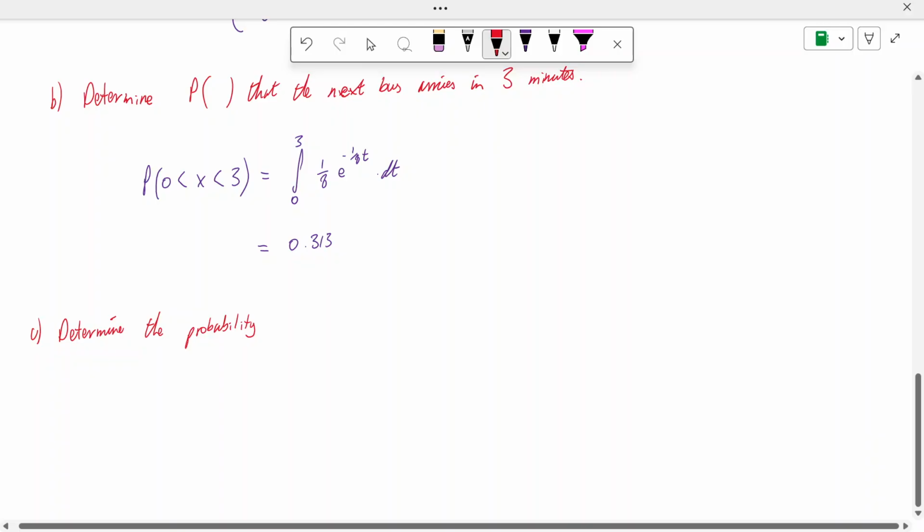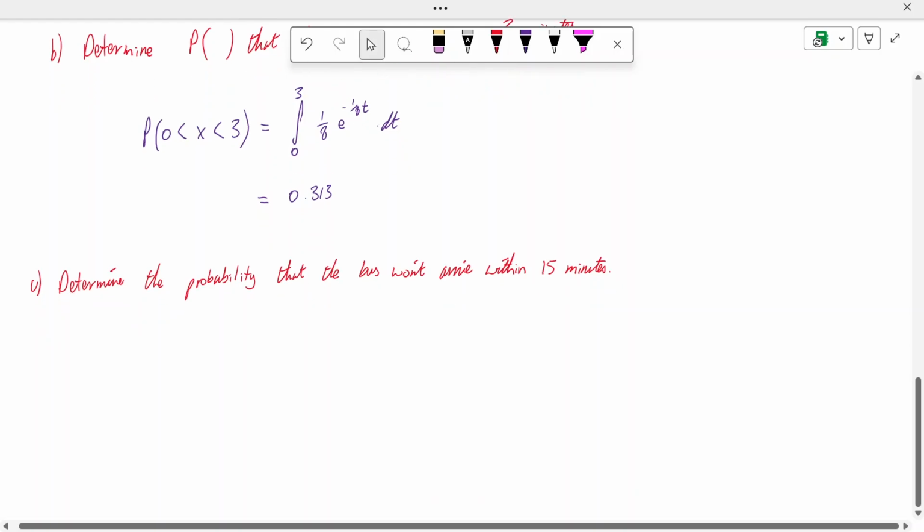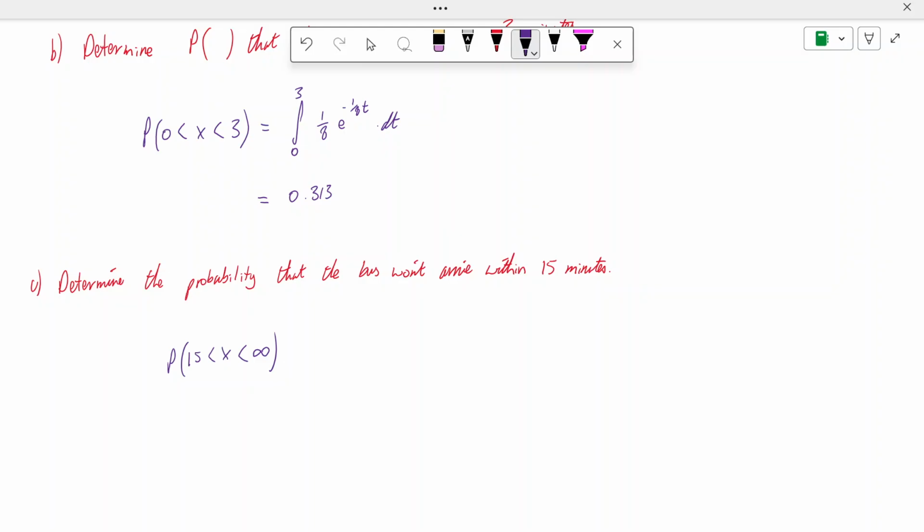But here we're going to determine the probability that the bus won't arrive within 15 minutes. So when I think about this, I'm thinking about the probability that it'll take longer than 15 minutes for this bus to arrive. Now this has to be infinite on the upper end because I don't know how long it's going to take for this bus to get here. It could be literally any amount of time.